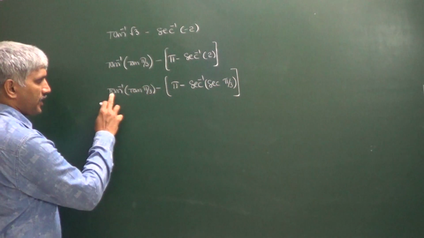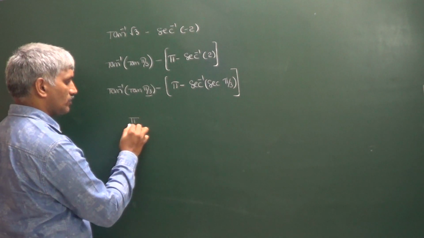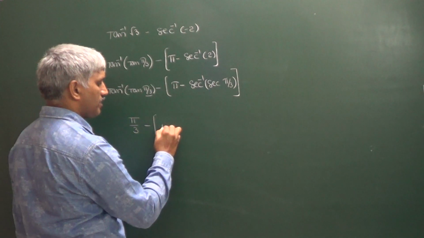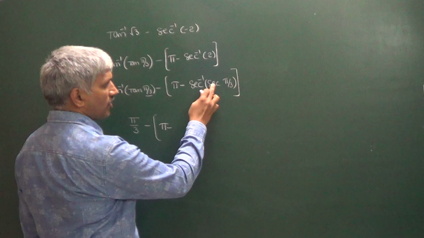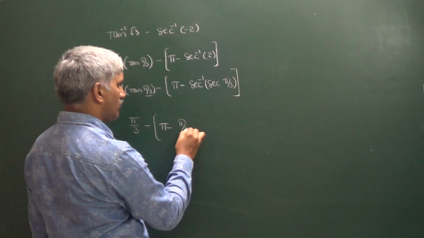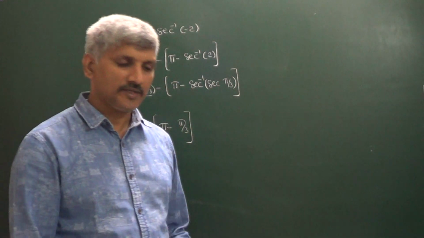Now you can check tan inverse of tan theta: theta is there in the principal branch. That's why we can write pi by 3. Whereas here, pi minus secant inverse of secant theta, theta is there in this principal branch. That's why we will get minus pi by 3. Now you can simplify it, right?